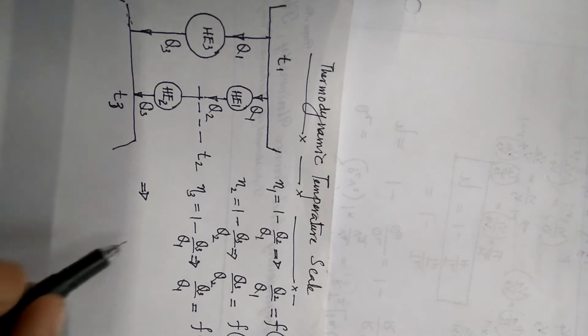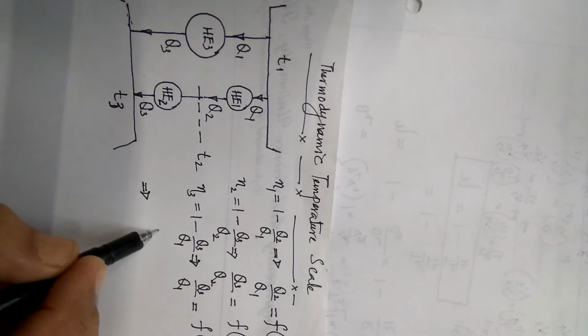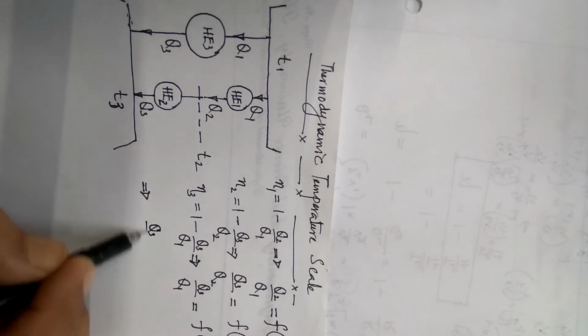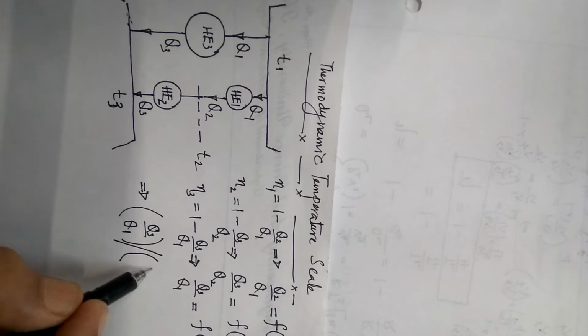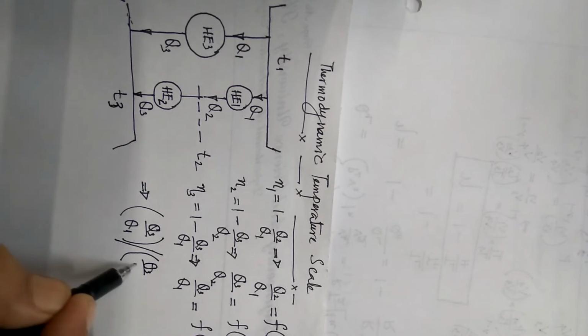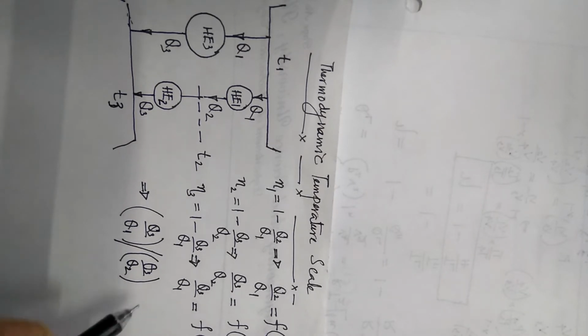Q3 by Q1 divided by Q3 by Q2. What does it return? Q3 and Q3 will get cancelled, so this will return Q2 by Q1.